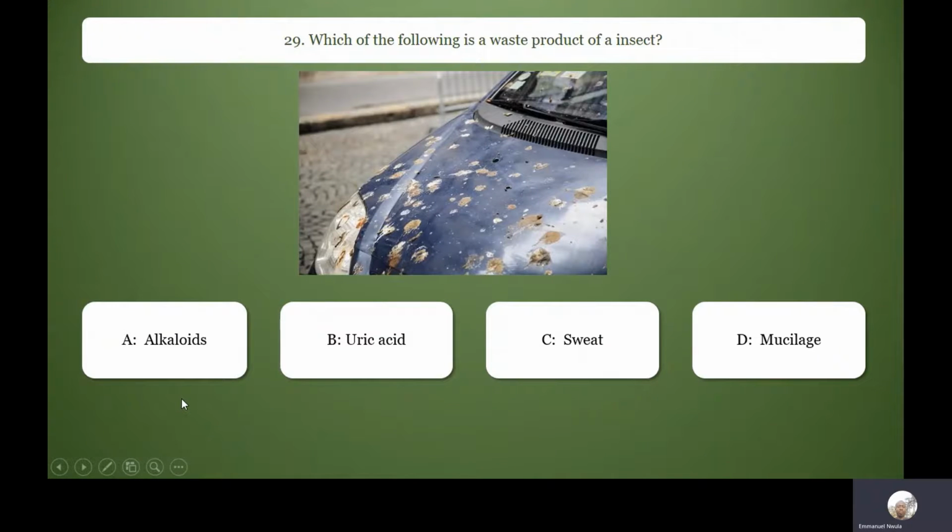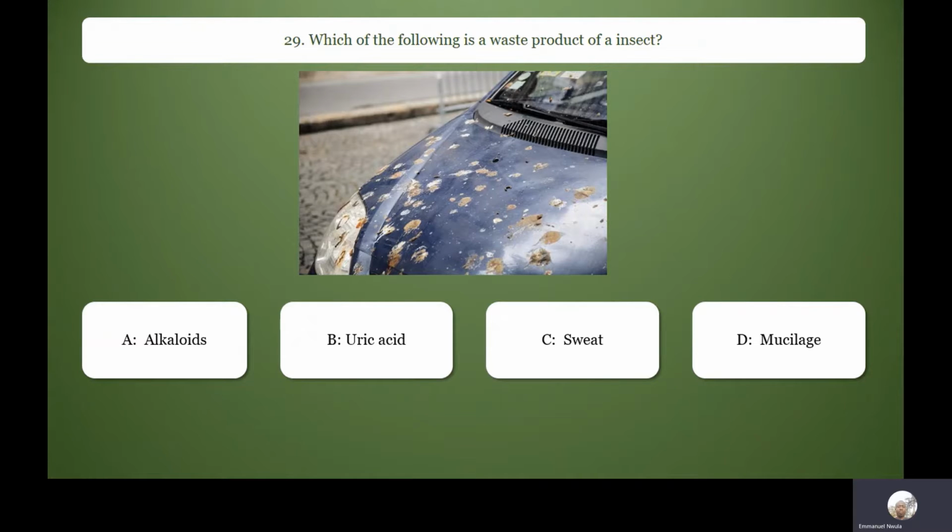Which of the following is a waste product of insects? Insects release uric acid. Uric acid. Of course, if you have parked your car, you look at this picture, you see all this on the body of the car.